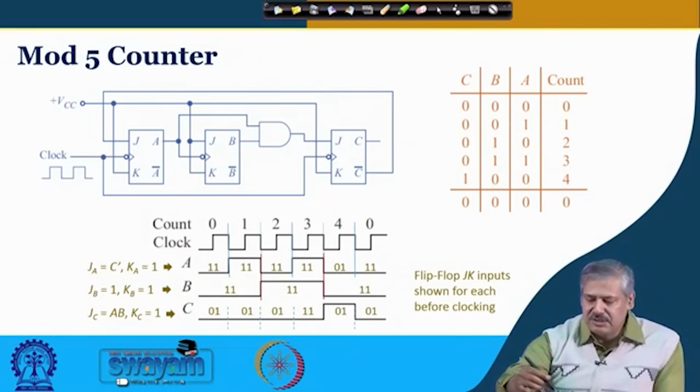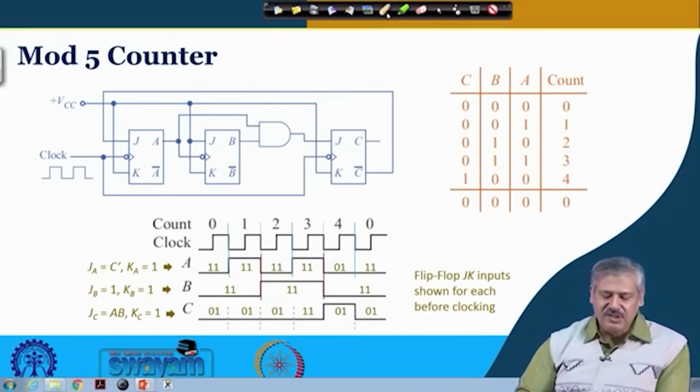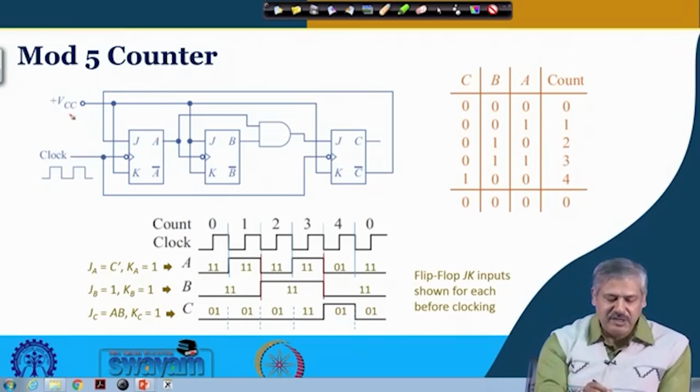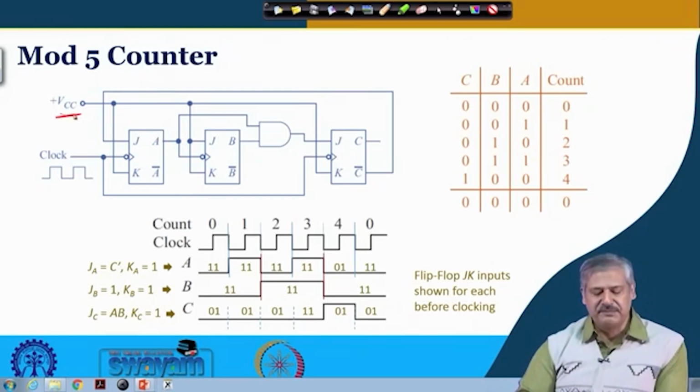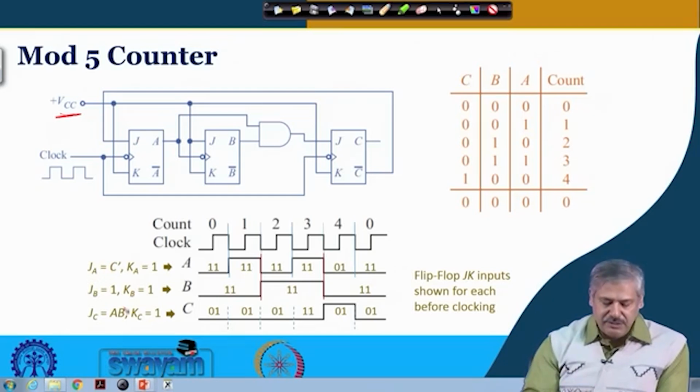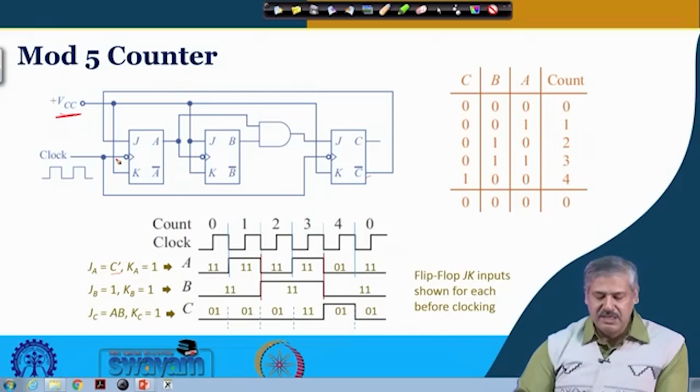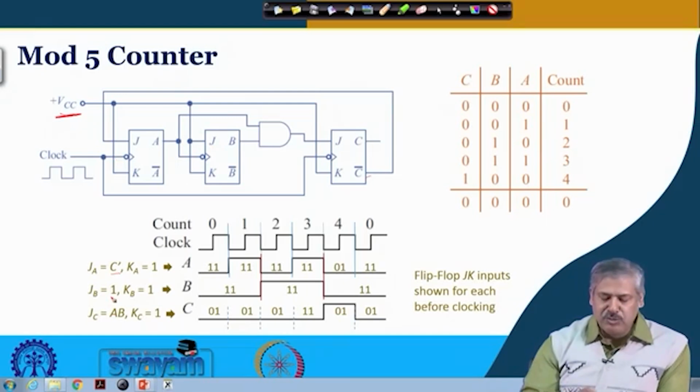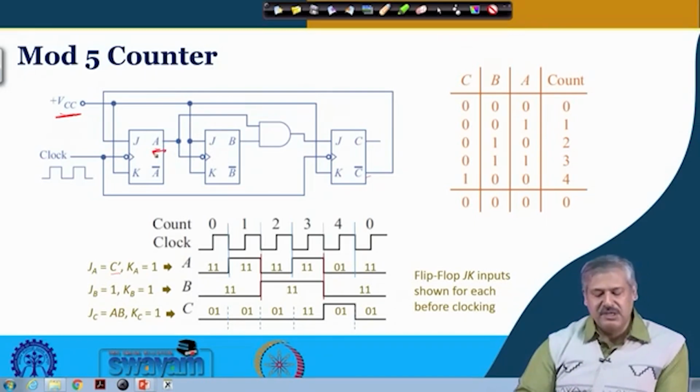Okay. So, in this what you can see is that Ka, Kb, Kc, all of them are permanently connected to VCC, right. Ja is connected to C bar, you can see, right. Jb is also connected to 1, right, but Jb is fed by A, okay.